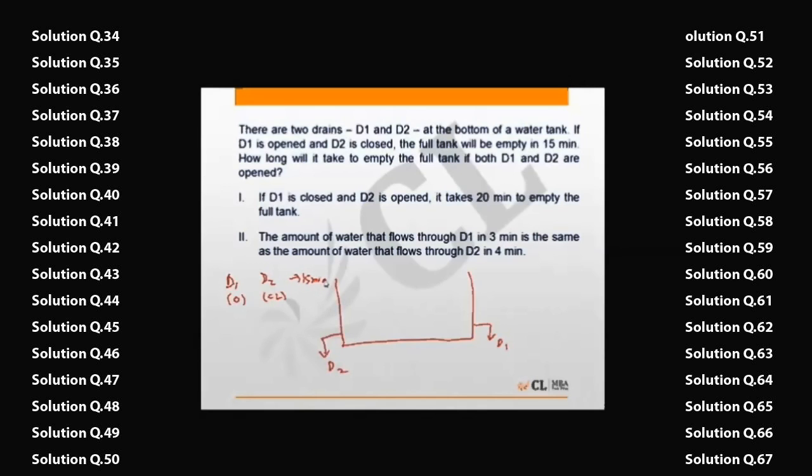So it essentially tells you that D1 will take 15 minutes to empty the tank. If D1 is closed and D2 is opened, it takes 20 minutes to empty the full tank. So we know from the first statement that D2 will take 20 minutes to empty the tank.